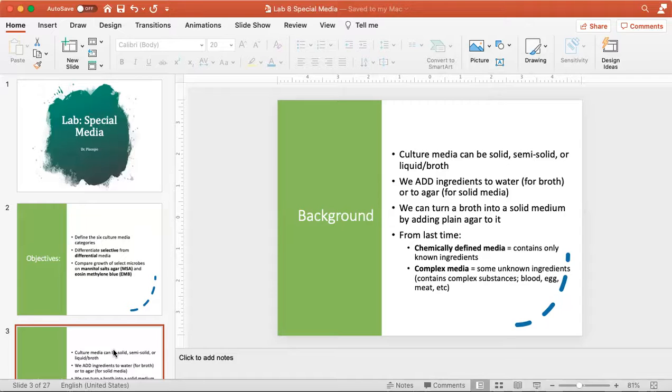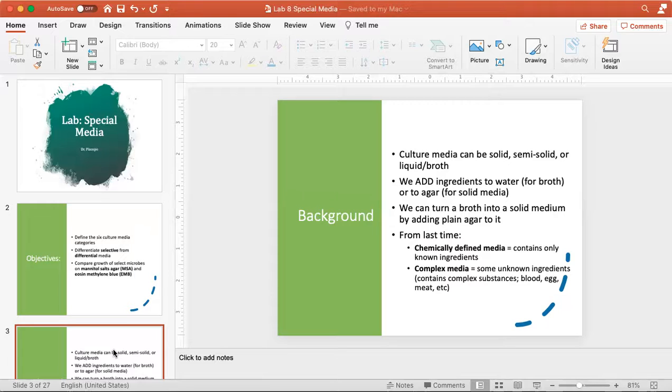So if you recall from the last time we were talking about culture media, we said there's chemically defined culture media, and then there's chemically undefined, or what we call complex media. Those are the first 2 categories. If a medium is chemically defined, that means that we know exactly what's in it, molecule by molecule.